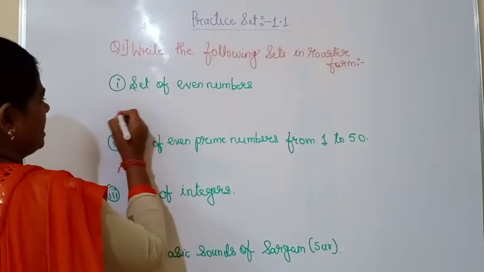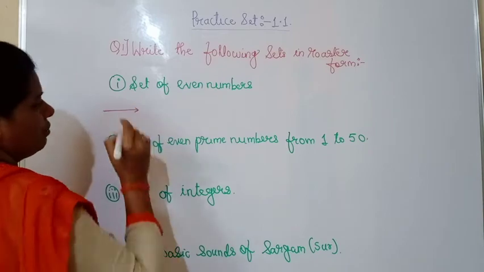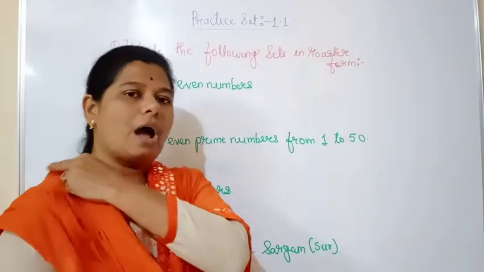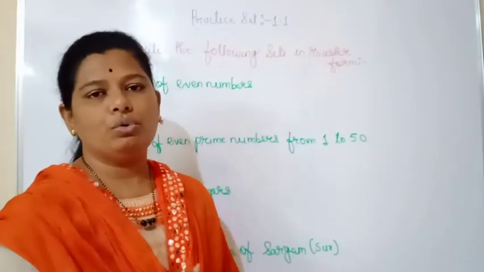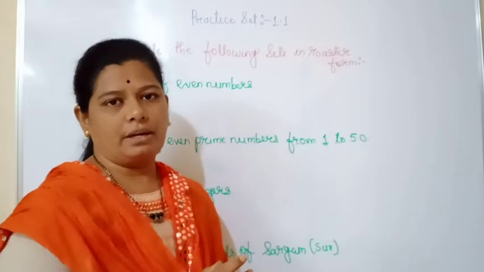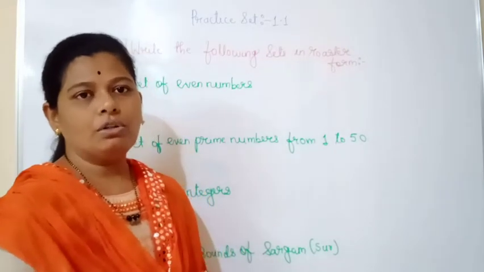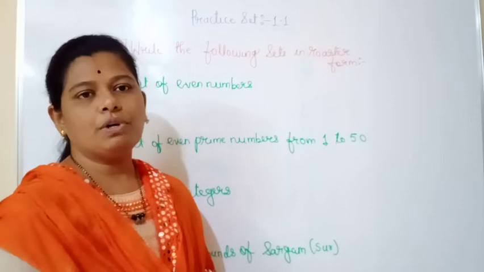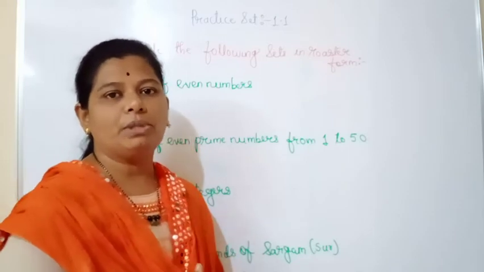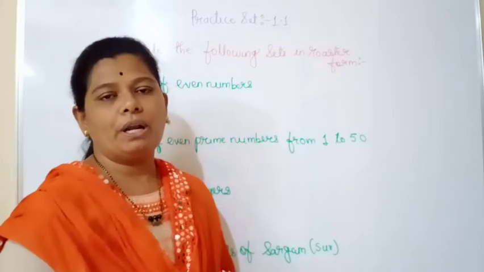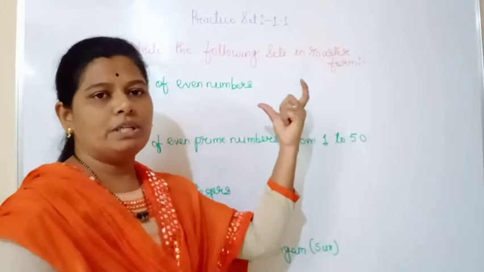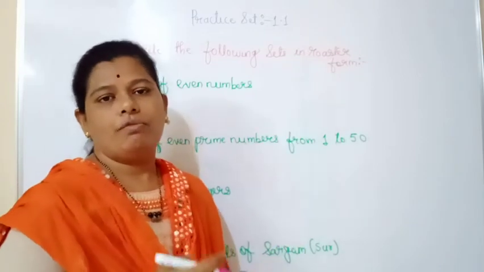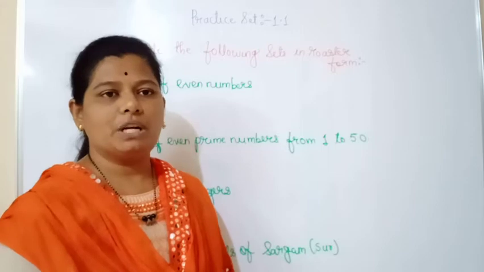So we will write the set now. First of all, I have told you the rules to write a set. How to write a set? What are the rules? What is the first rule? First of all, we have to name the set. We have to give a proper name to the set. If a name of the set is not given in the question, we have to write a name of a set by our own.